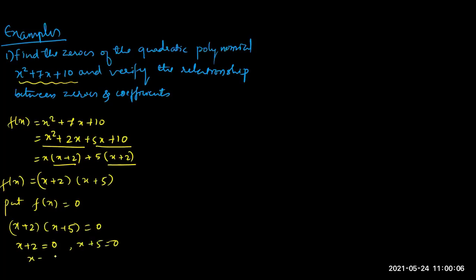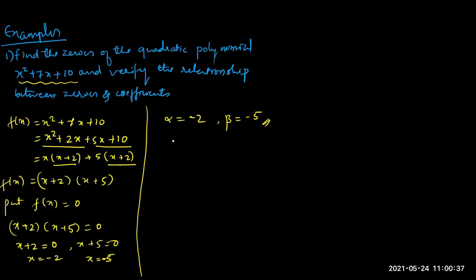Now x equal to minus 2, x equal to minus 5. So these are the two zeros, the x values you got. Of these two zeros, one is alpha, one is beta. Any number you can take as alpha and any number as beta. So I'll take alpha equal to minus 2 and beta equal to minus 5. Clear?